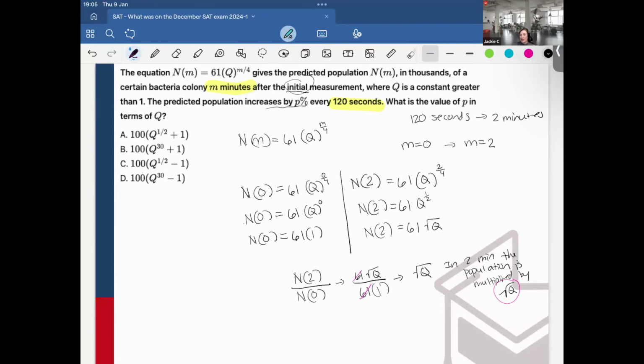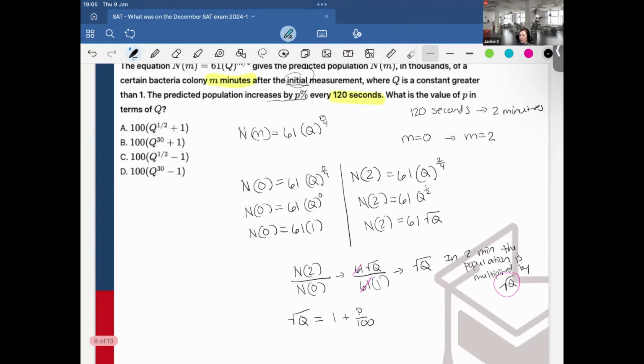So the square root of q is equal to 1 plus p over 100, because if I'm doing an increase of a number, I add 1 to the percentage. Then I can simplify this further. I'll move the 1 over, so square root q minus 1 is equal to p over 100.